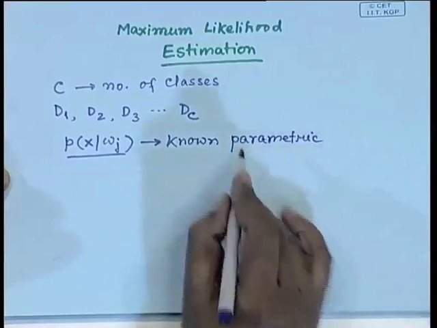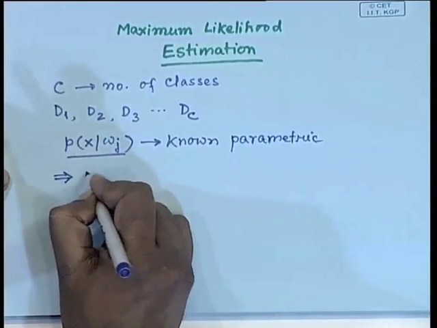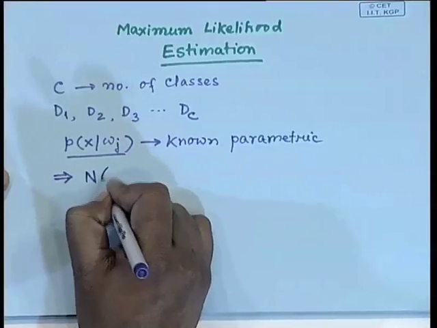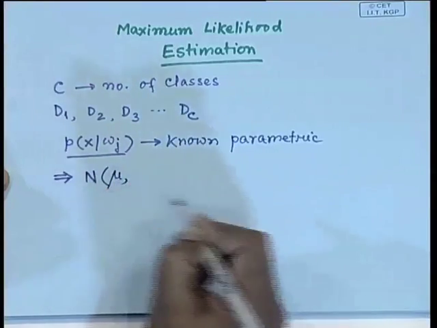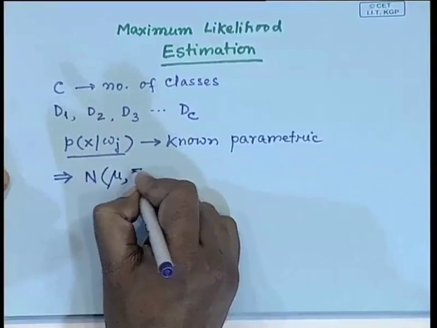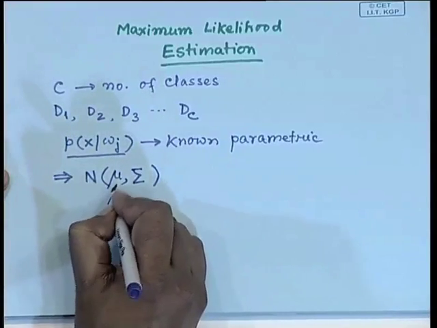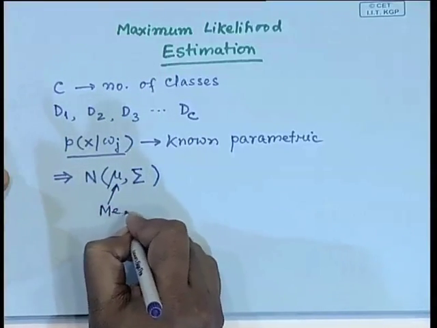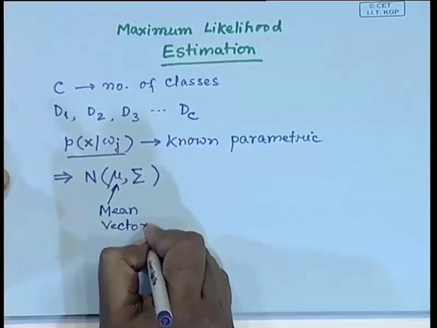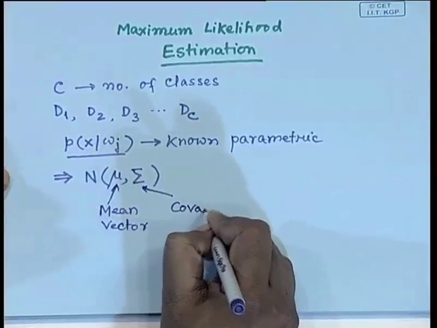Okay. So, in particular this known parametric form, if it is a normal distribution or a Gaussian distribution, then we have said that this known parametric form is uniquely defined by the parameters mu and sigma, where mu is the mean vector and sigma is the covariance matrix.